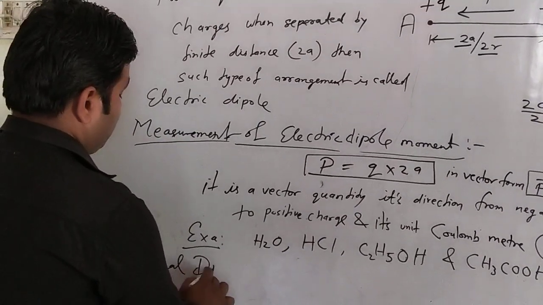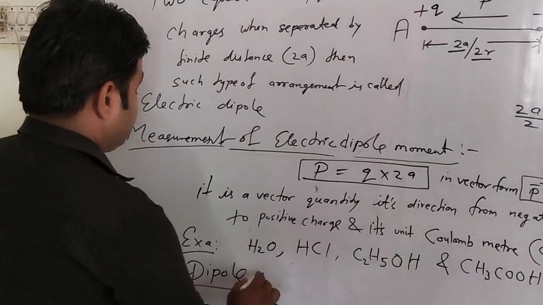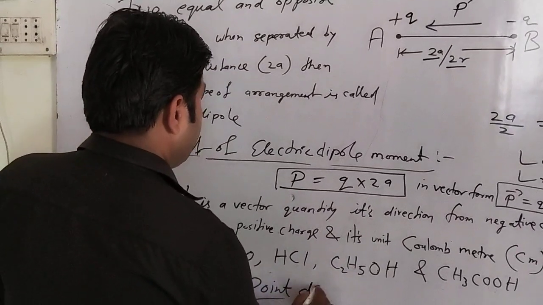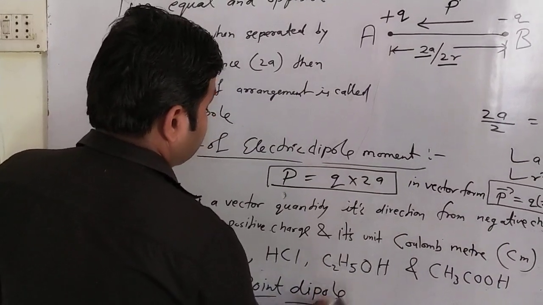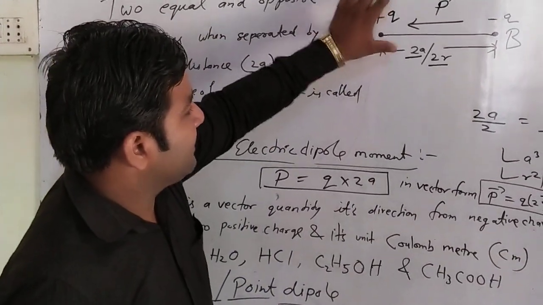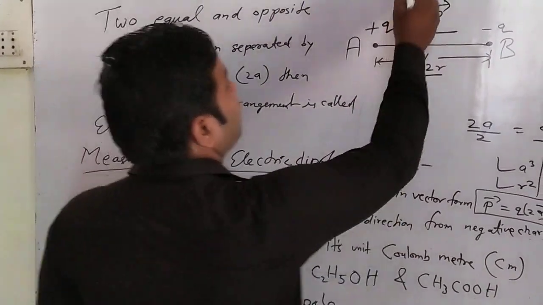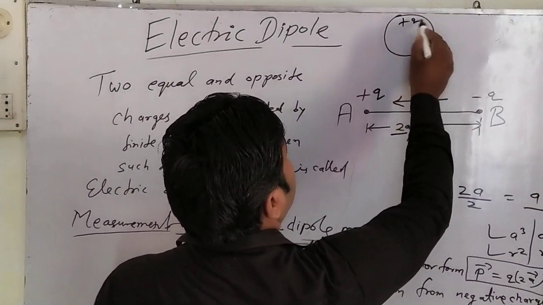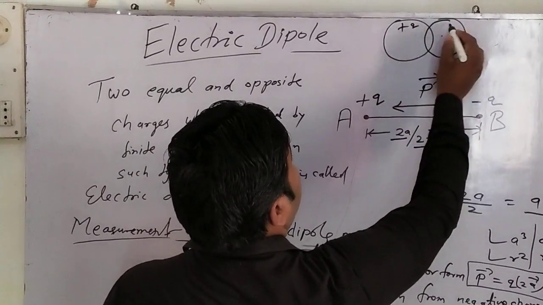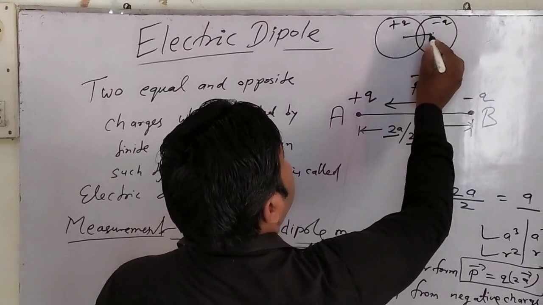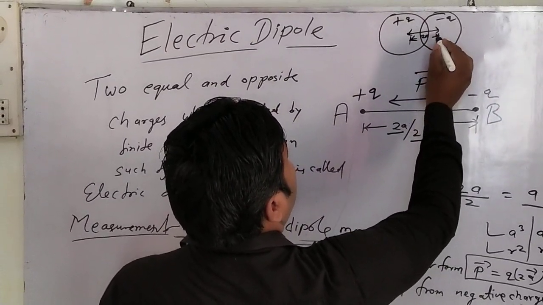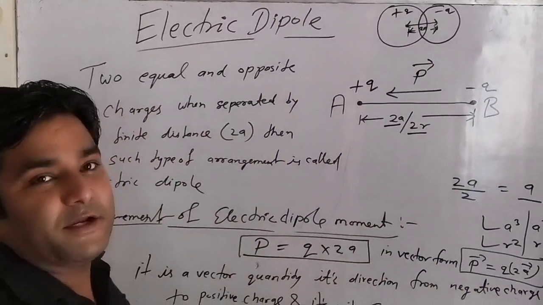And next one, that is a very important topic, ideal dipole, or point dipole. The concept is very easy. Whenever the charge value increases, suppose this charge increases and this charge also increases, just in this way. This is the charge value plus Q, and here minus Q, in such a way that the distance between both charges becomes zero and the charge magnitude becomes infinite.